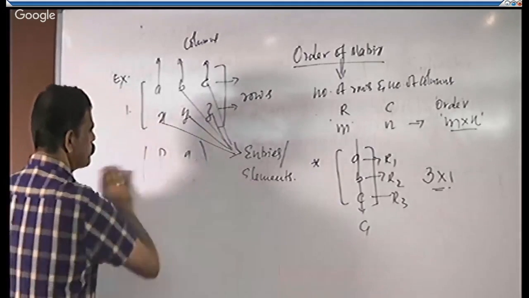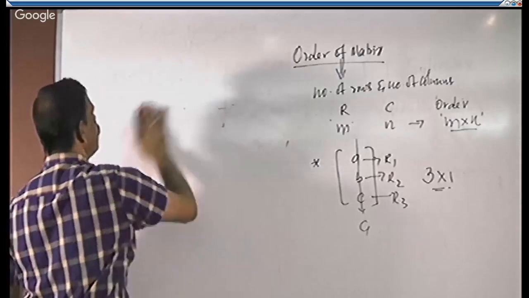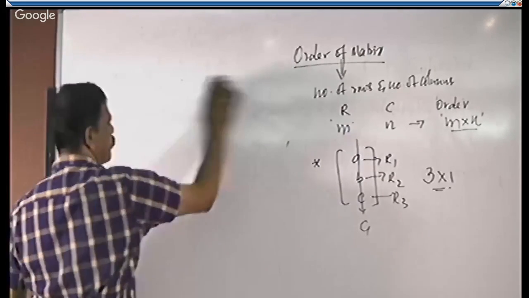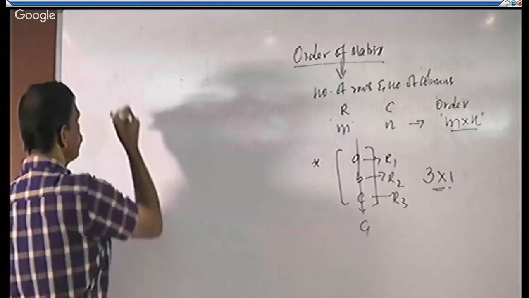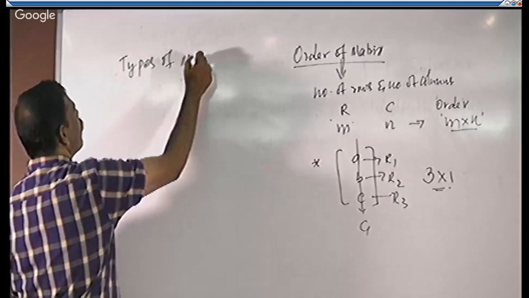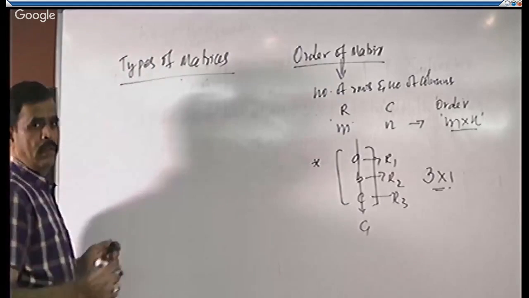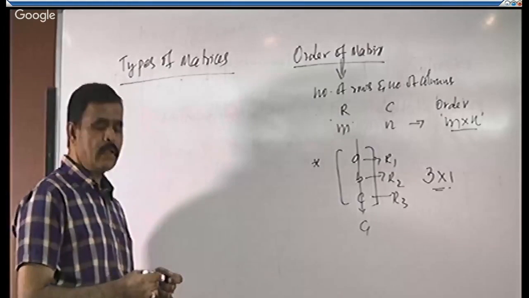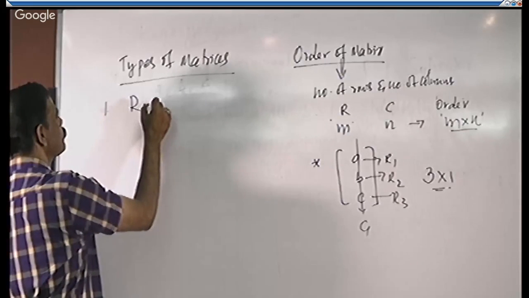Then we have different types of matrices. The first matrix, row matrix.